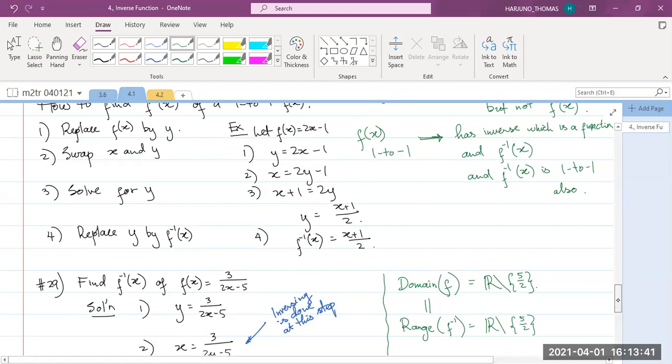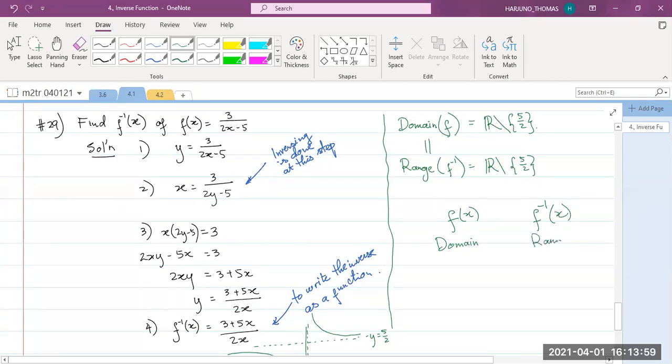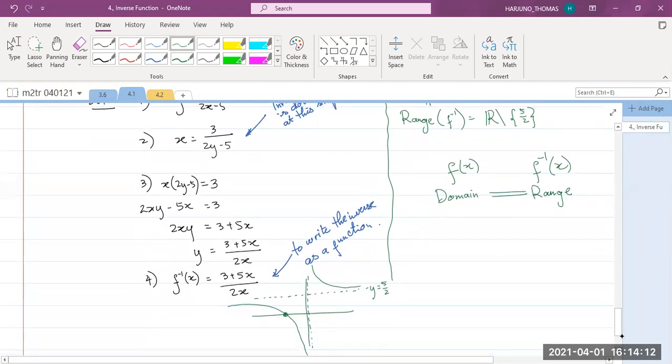So maybe I write it this way. If this is the function and this is the inverse function, the domain of the function is the same as the range of the inverse function. They are related. And the domain of the inverse function is all real numbers except 0.